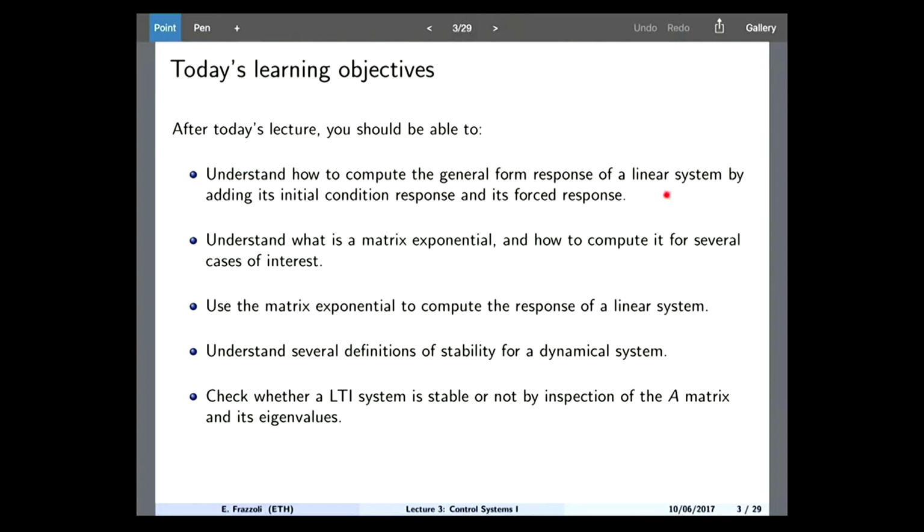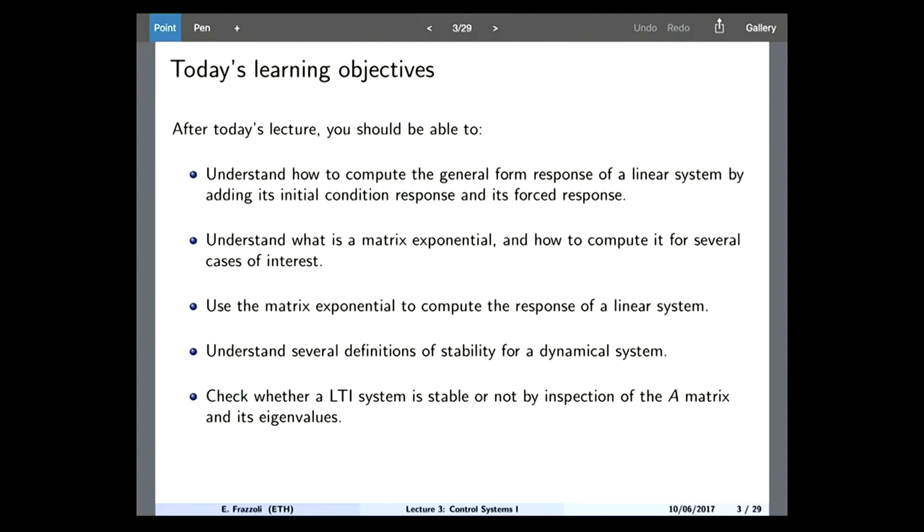We will do that first on a first-order system, so that the math is very simple, something that you can follow with the things that you already know from your analysis and differential equation courses. But then we will move to the higher dimensional case, okay? In this case, we can no longer keep working with scalars, with numbers. We'll have to work with matrices. And in particular, we will need to learn what a matrix exponential is, okay?